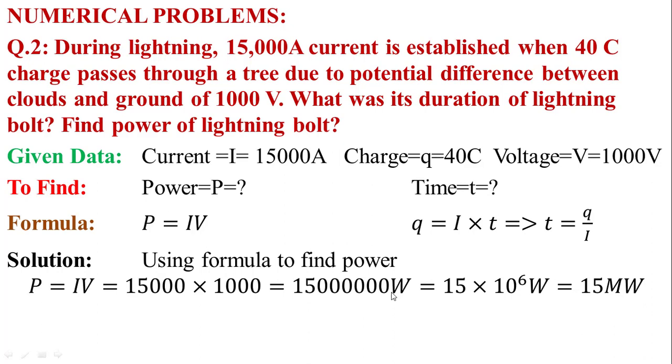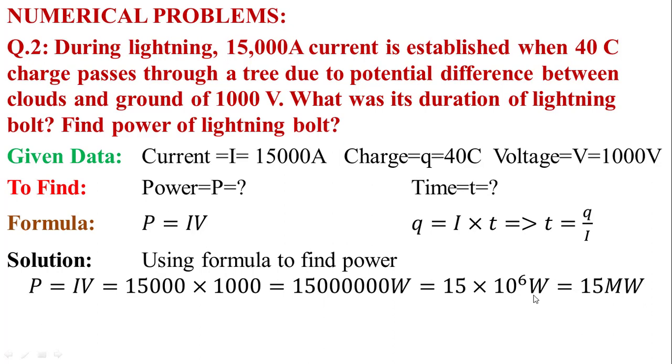Here we move the decimal point, so 6 zeros are given. In scientific notation, P is equal to 15 multiplied by 10 raised to power 6 watt. Here 10 raised to power 6 is mega, so power is equal to 15 megawatt.